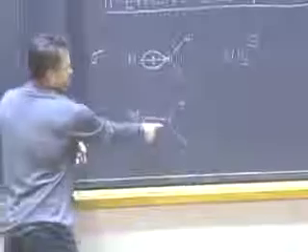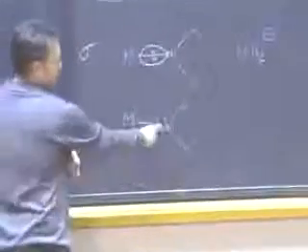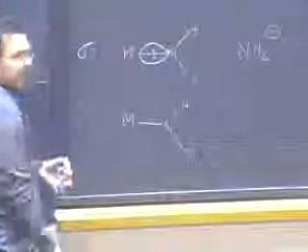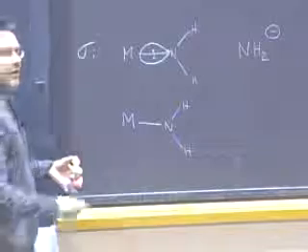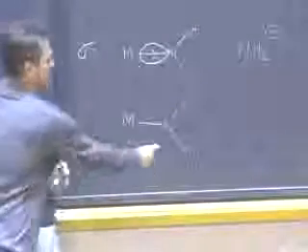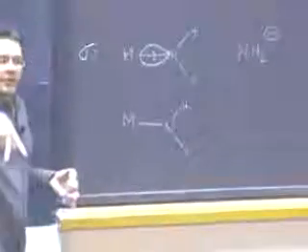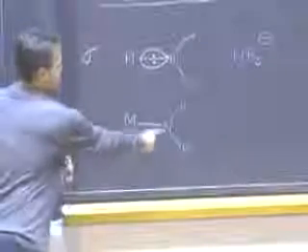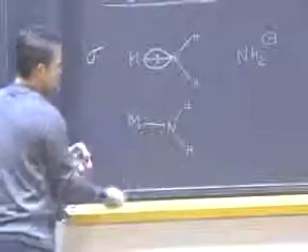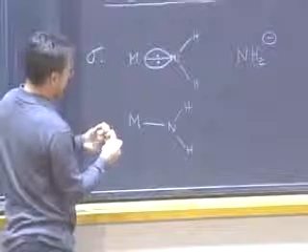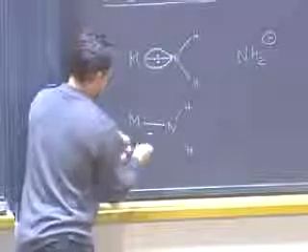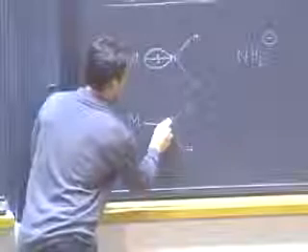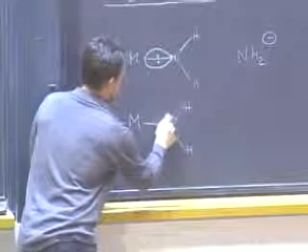But this is a planar system. The sum of the bond angles around the nitrogen in systems like this are 360 degrees, meaning that unlike ammonia itself, which is a trigonal pyramid, this is a planar system, and so it has a lone pair perpendicular to that plane. I'll draw it that way.